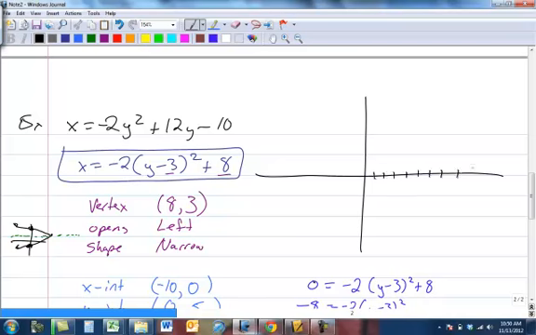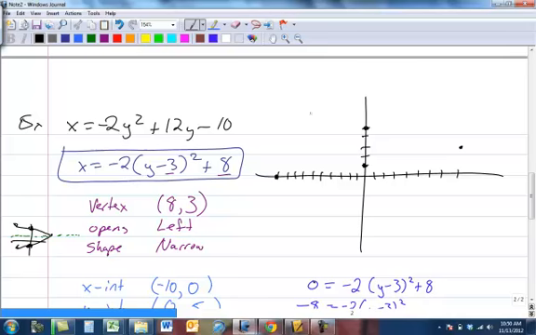So our vertex is at 8, 3. Our x-intercept is negative 10, 0. So right there. Our y-intercepts are at 0, 1 and at 0, 5. So right away I got a nice little sketch of my graph.